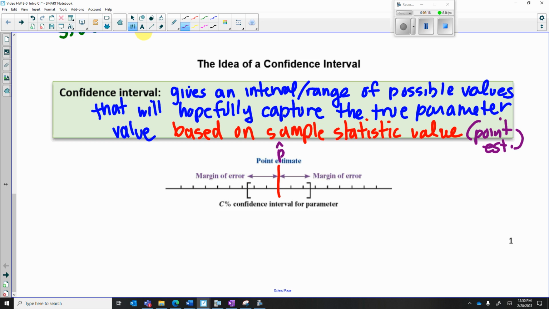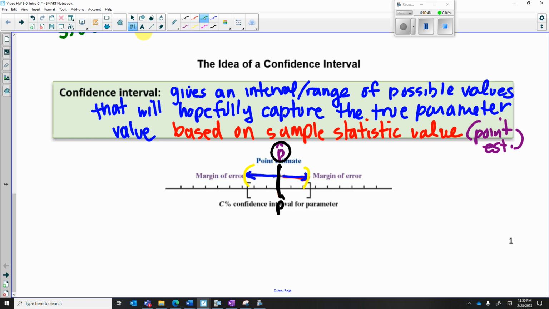So let's say we took our sample p-hat, as we talked about above. We asked the sample how many of you are vegans, and we found the sample p-hat. And what we do is we create a range of values around this, and this range of values is created by what we call a margin of error. So we take our point estimate, which I will highlight here in black, p-hat for example, and then I create a margin of error to the right and to the left around this sample statistic, and then that will be my interval.